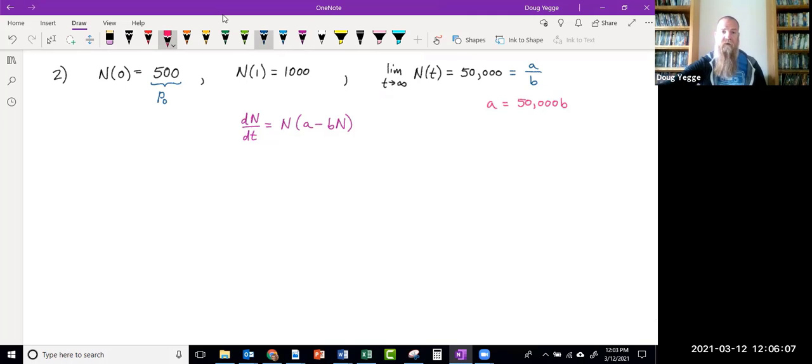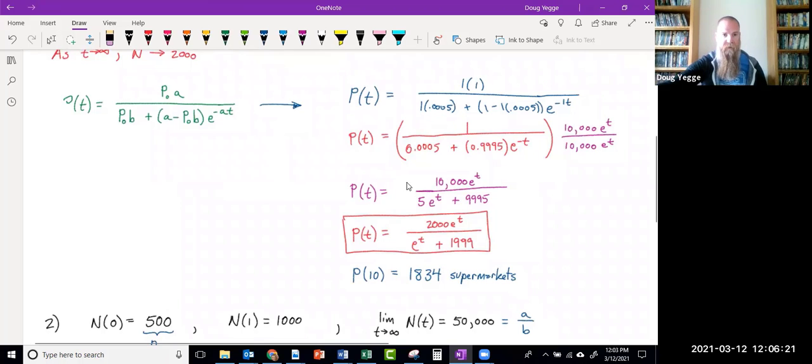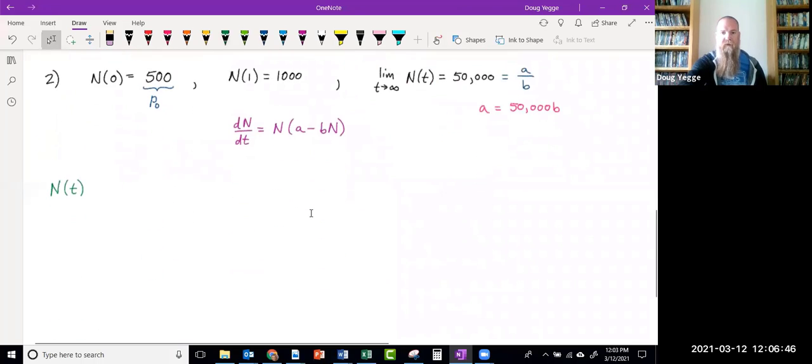And so we can already start to fill in this formula, because we know N of T. By the way, I just realized on number one, I shouldn't have been calling this P. Because my original formula was N, it should have been N everywhere, so all of these should have also been N. N of T, N of T. Just to stay consistent with the naming of our function, even though we're technically talking about a population.